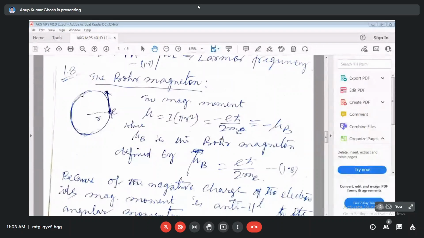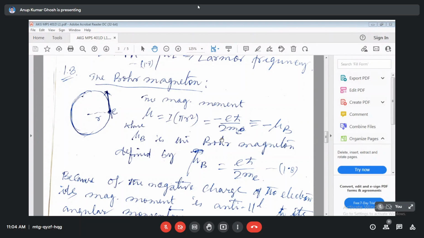That leads to eh cross divided by 2m, where m is the mass of the electron, and that is the definition of the Bohr magneton.